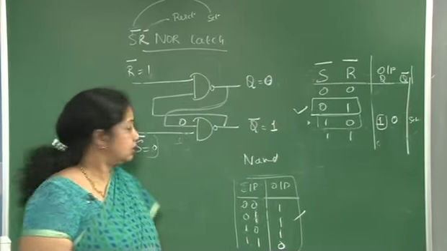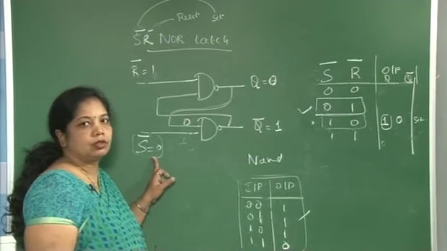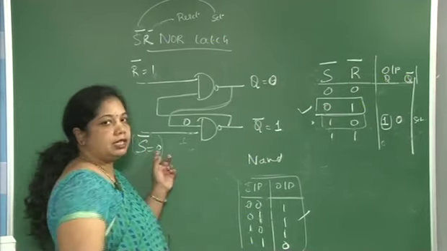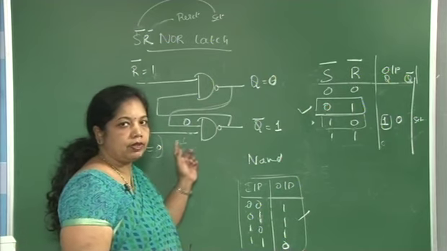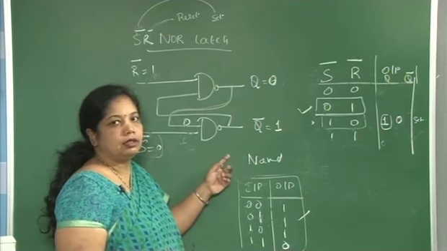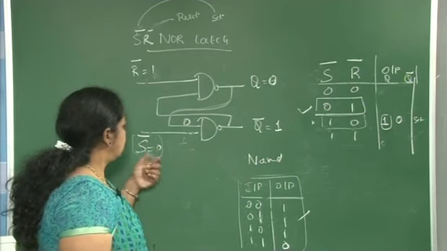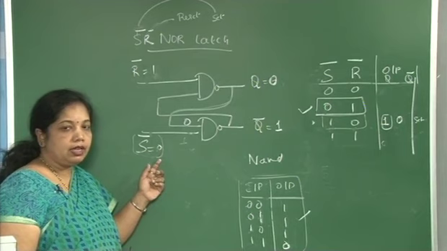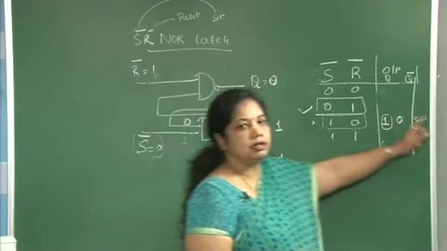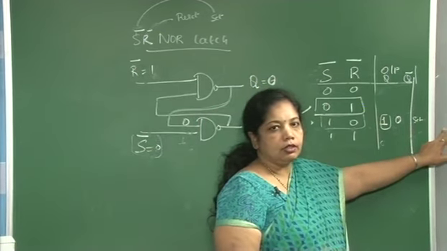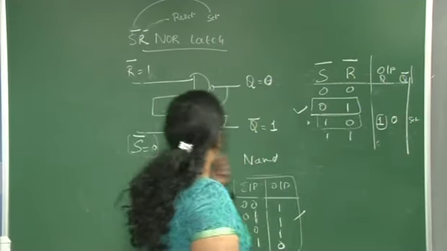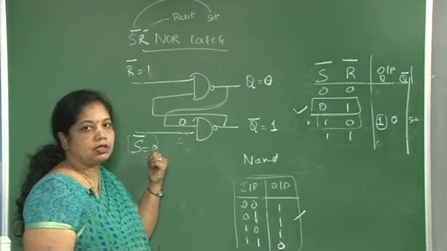This is the set condition, the reverse of NOR. Whenever S is 1, we got the set condition. Here the invert of S is 0. Since I am applying 0, I am getting the set condition. There S was logic 1, here S is logic 0.